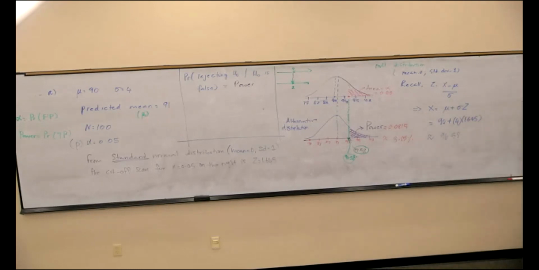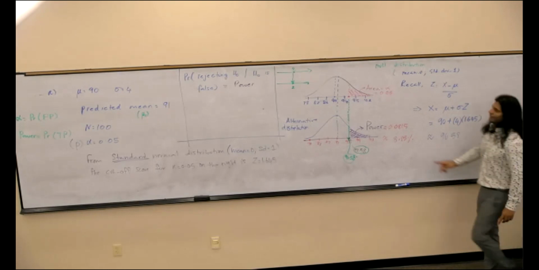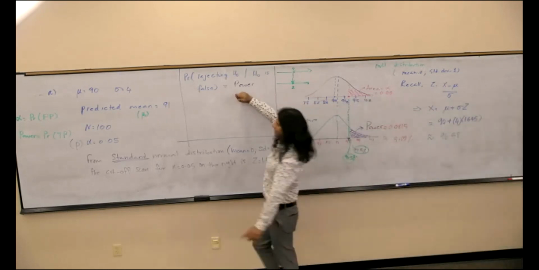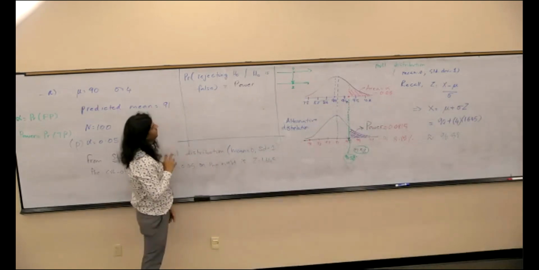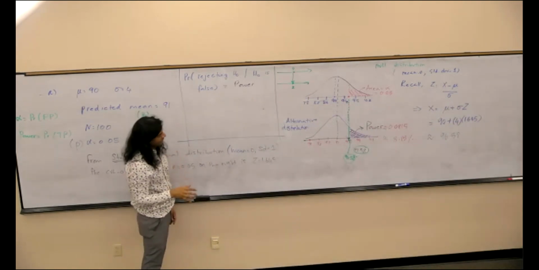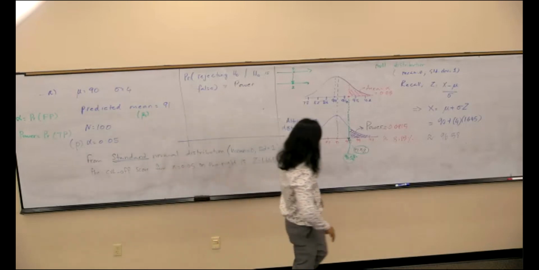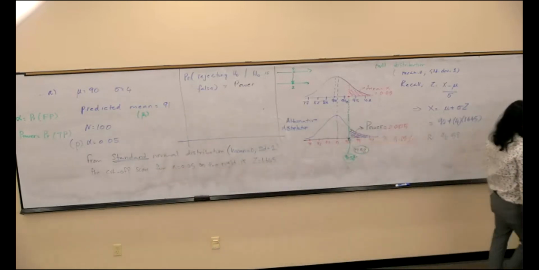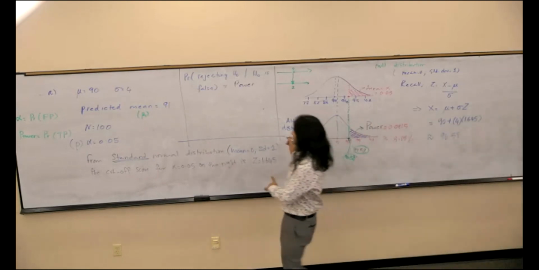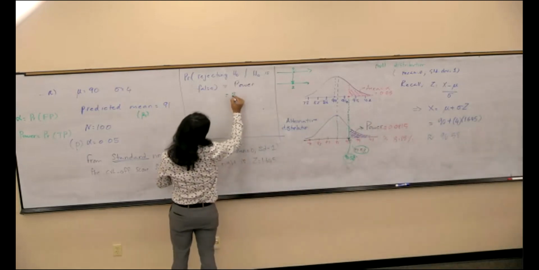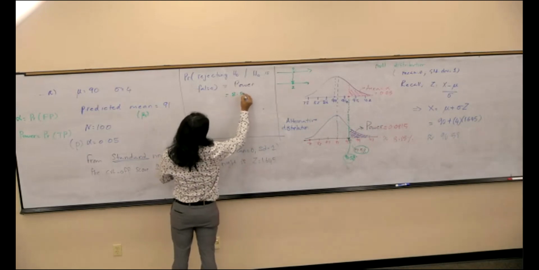Good. The power, the probability of a true positive, is only about 8.15%. Good. True positive would mean I reject the null when you're supposed to.